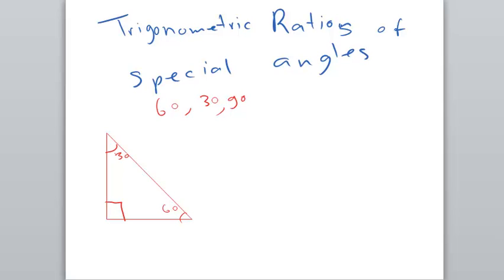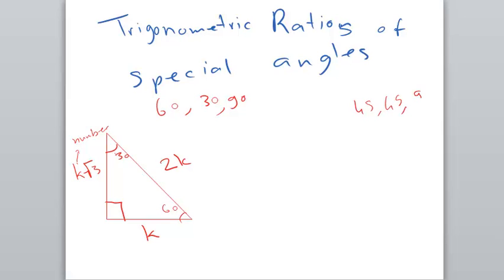The side opposite 60 should be equal to k root 3, this one should be equal to 2k, and this one should be equal to k. The k is a number. This is the base. This is the rule.